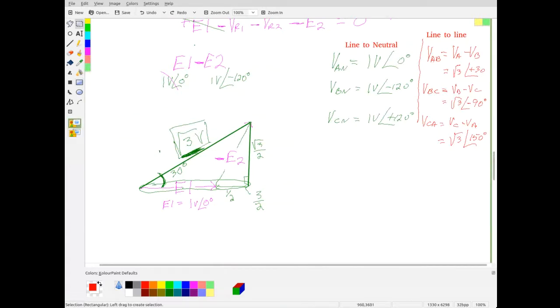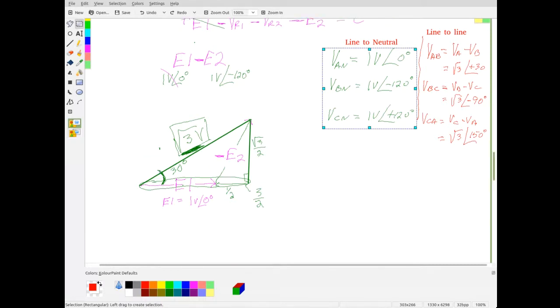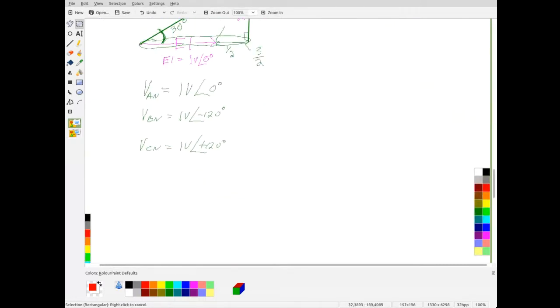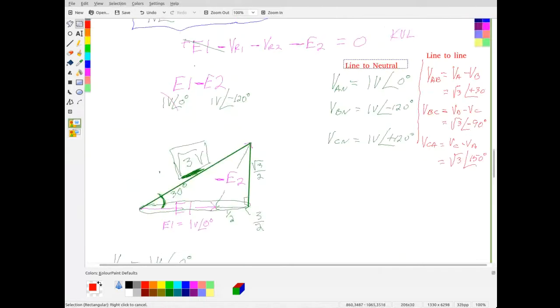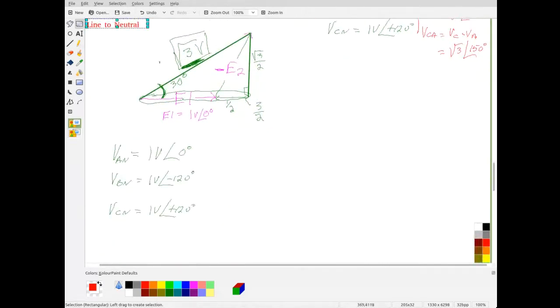Let's look at these here. All right, so we're going to take the line to neutrals and add them all together. So this is going to be VAN here.